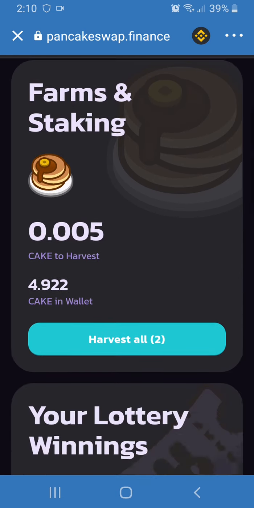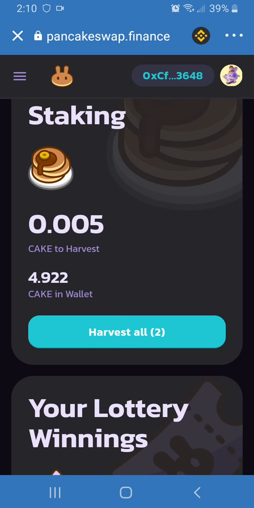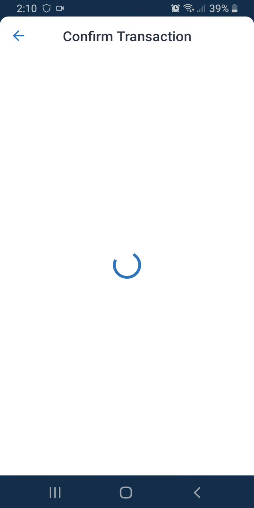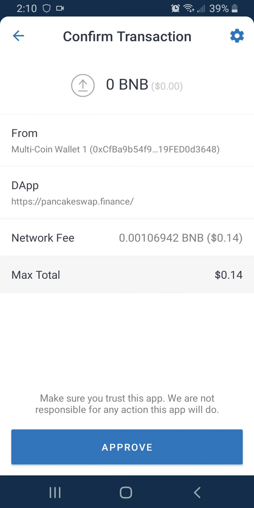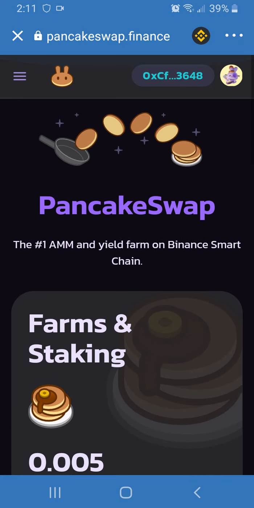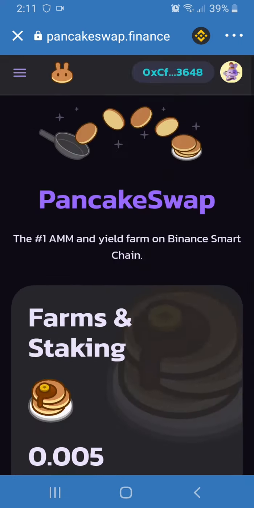So if I haven't done it yet, but if I hit harvest all, first I would wait at least until I had like half a cake, right? $3, $3.50, $4. That way the fee, let's see what the fee is. Oh, 14 cents. Yeah, we'll do it later. 14 cents to harvest everything. That's nice. That seems less.